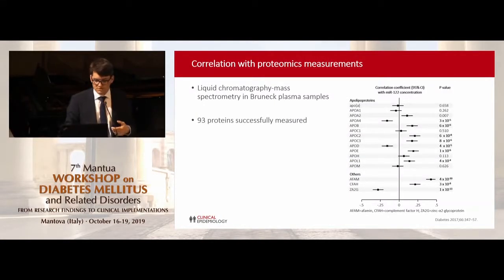All right, so now let's look at proteomics. We also quantified 93 different proteins in this study population using liquid chromatography mass spectrometry. And I just want to show you here the most important results. So first focusing on the different types of apolipoproteins that were measured using this technique.